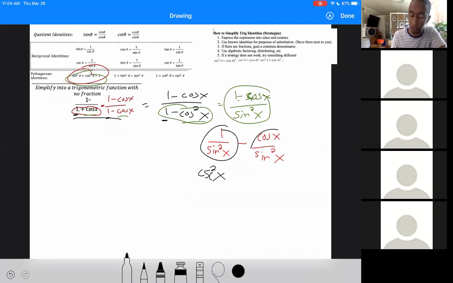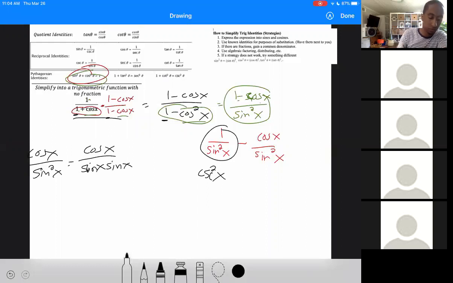And then this over here, we can rewrite that as having cosine of x over sine of x times sine of x. There's two of them, right? Okay.